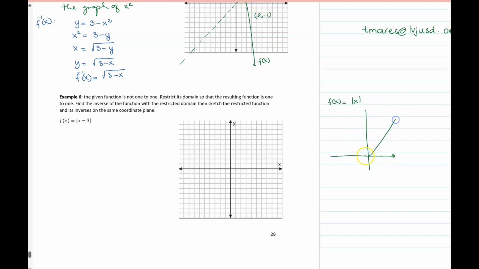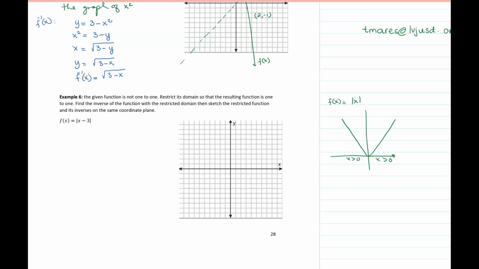Here is the part when x is less than 0 and when x is greater than 0. So we can restrict the domain to either one of those parts. So then there can be two different answers here.